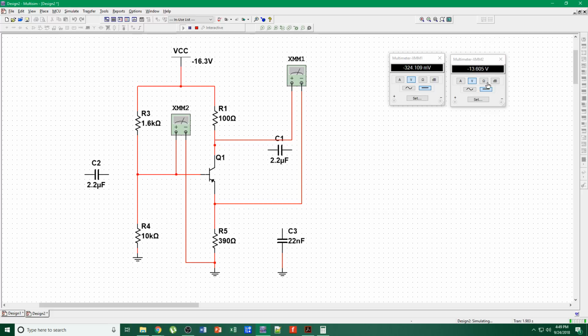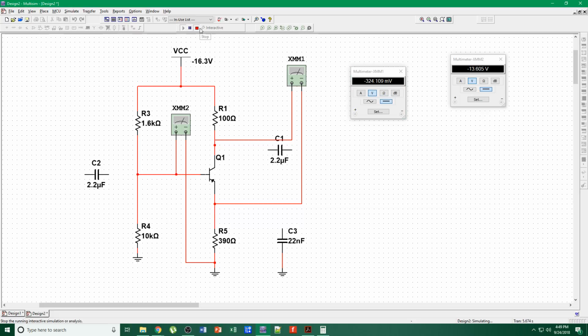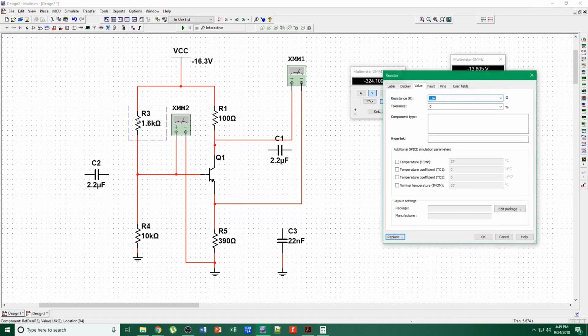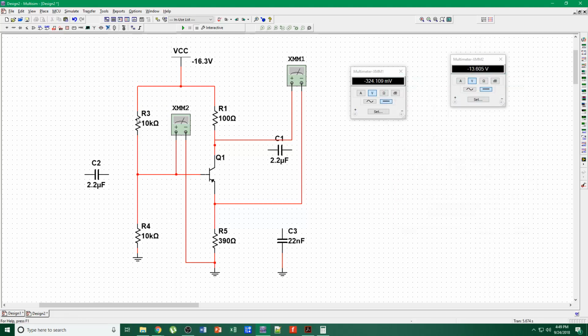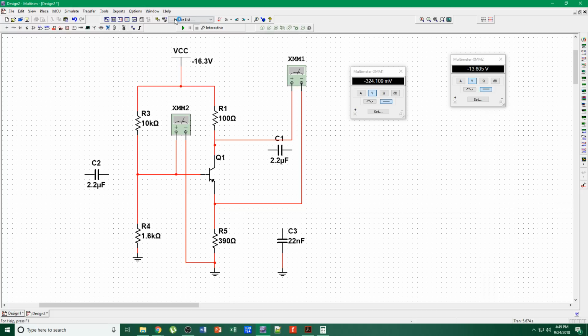That seems about right. This is not. Voltage measured across the emitter capacitor should not be that. Let's switch this. 10K, this with 1.6. Would that change anything?